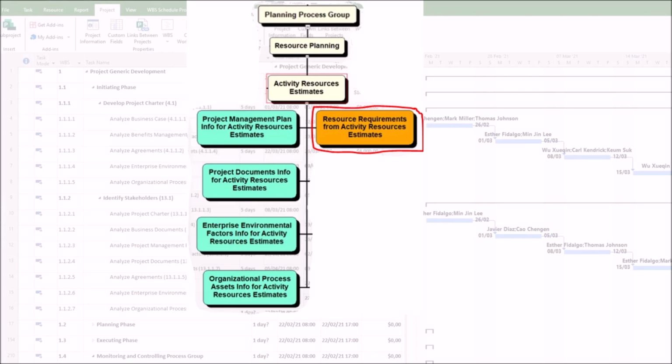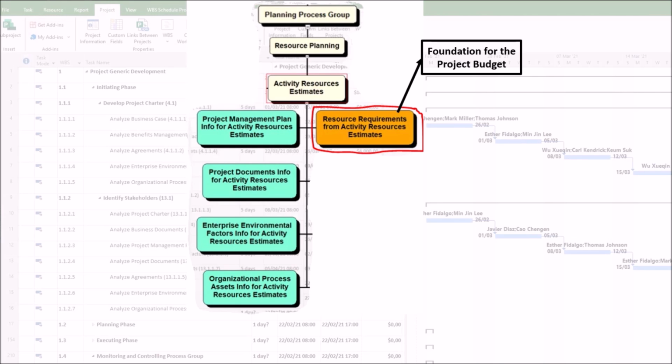Key reasons for its critical importance. 1. Foundation for the project budget. This is arguably its most direct and tangible impact. The resource requirements are the primary input for cost estimation, as follows. First, labor costs.